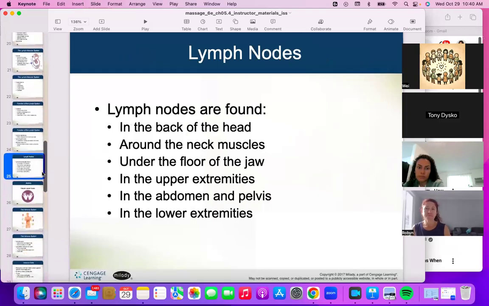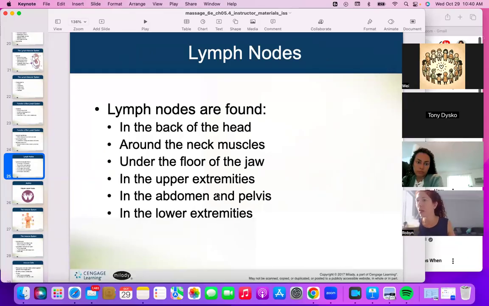Areas where we can find a concentration of lymph nodes: there are between 500 to 700, depending on the body, and they are clustered in different parts of the body. There are nodes behind the head, behind the ears, around the neck area along the SCMs, under the floor of the jaw right underneath your chin, and in the upper extremities, closer to the lateral chest and underneath the armpit.